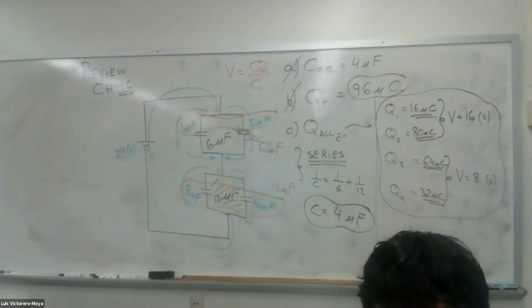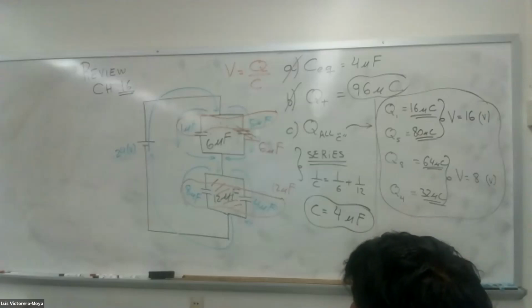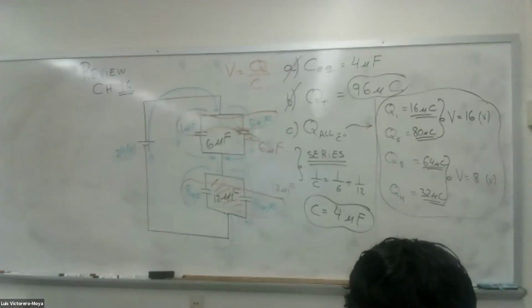How to split the charge, all right? You just have to use the rule of parallel, and if they are in series, the rule of series. Remember, the charge and the current are both constant across capacitors and resistors in series.